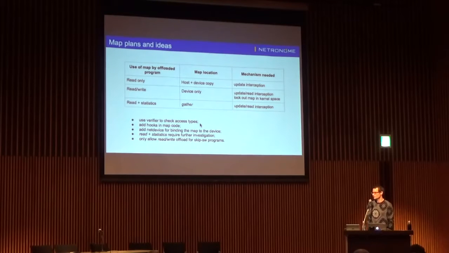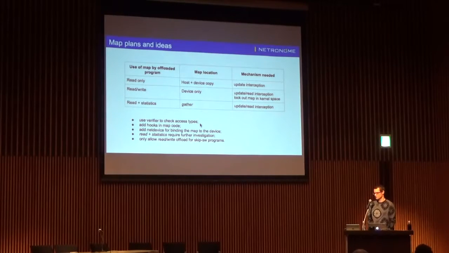A few words about the map support. As it has been said in the morning already, obviously eBPF is a stateful offload, stateful processing. So we are facing here some problems which have not been faced before.